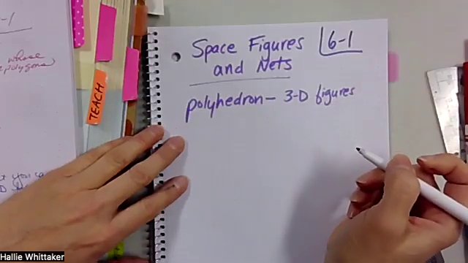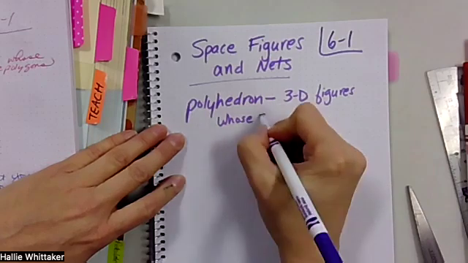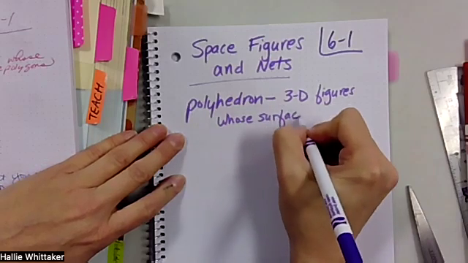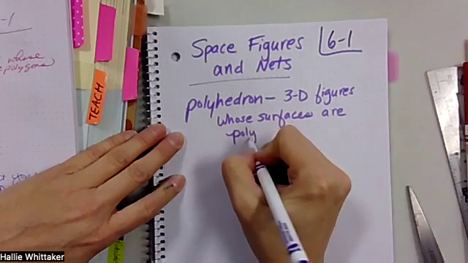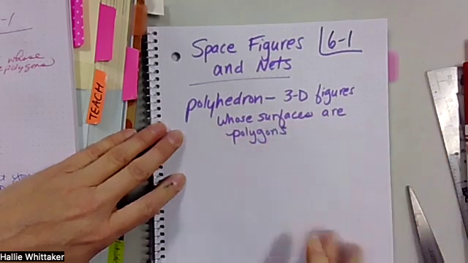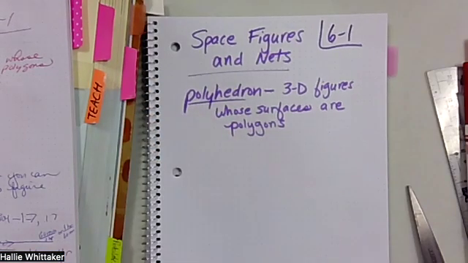Makes you sound very intelligent. 3D figures whose surfaces are polygons. So we're going to be looking at polyhedrons, 3D figures whose surfaces are polygons.